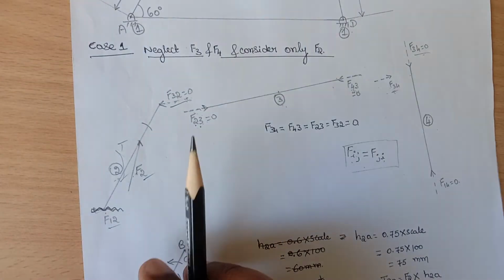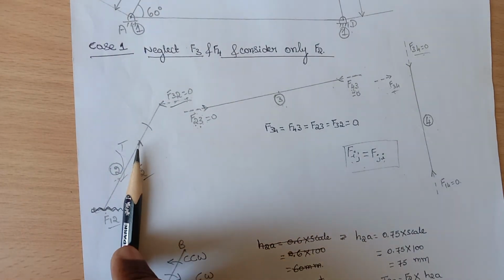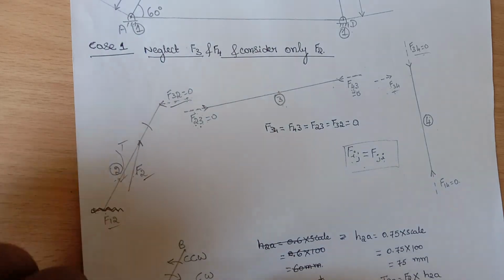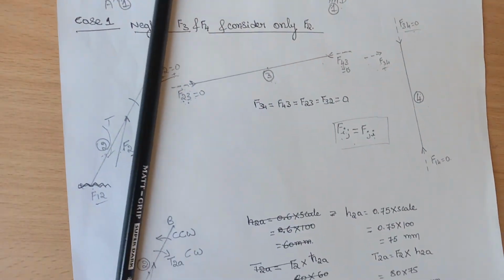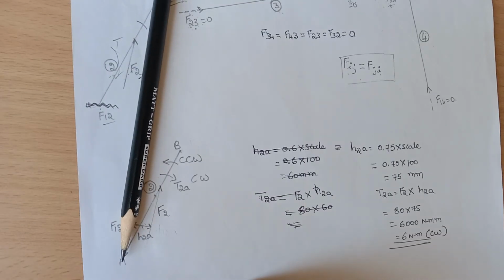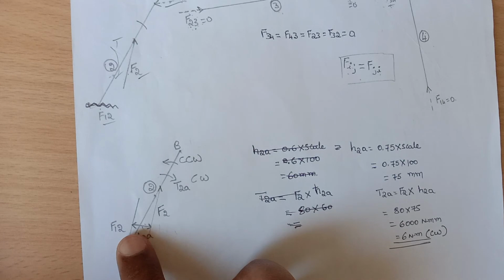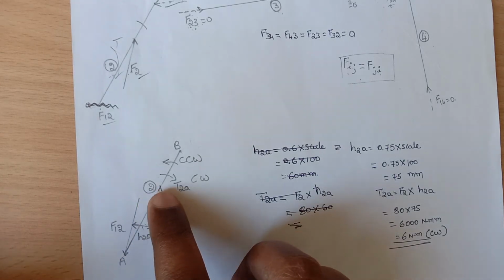So this is the direction of F2 and hence now this is the direction of F12, because these are the only two forces acting on link 2 which is subjected to torque.